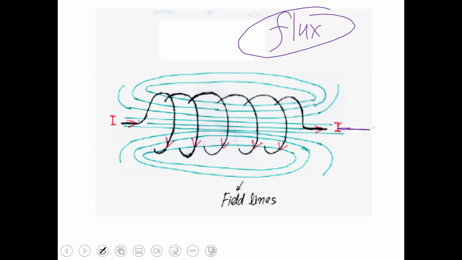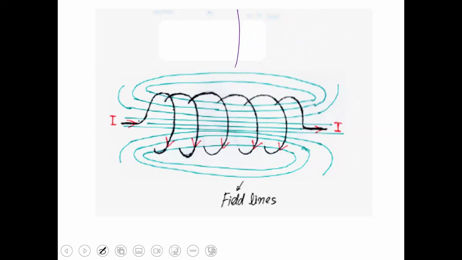If there is a center line, above the line and below the line it should be symmetrical. Third important concept: these lines are nearly straight inside the solenoid and they bulge out outside the solenoid. I repeat, the field lines never cut each other, and the pattern should be symmetrical.